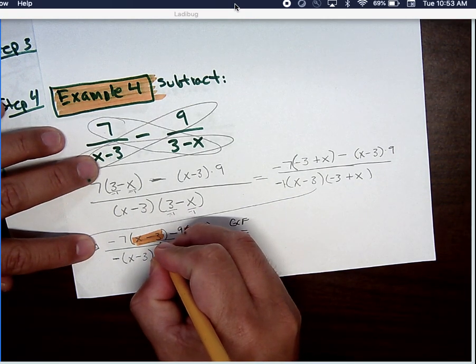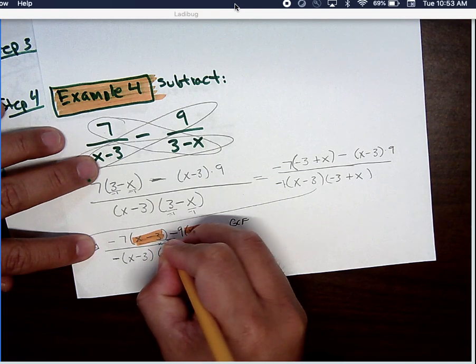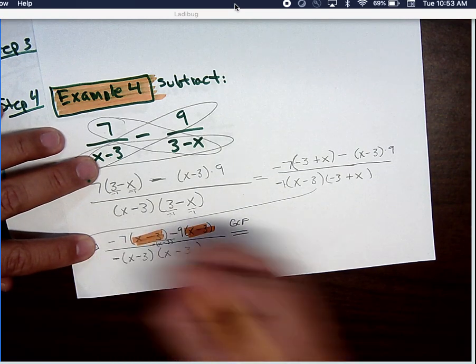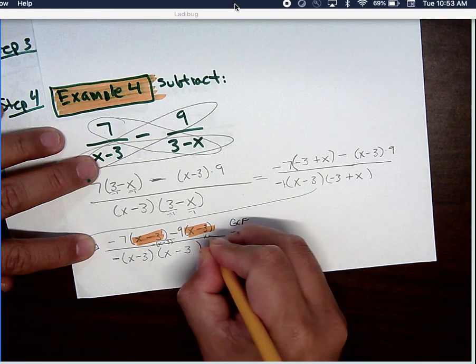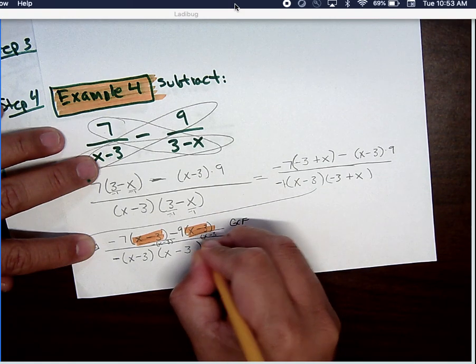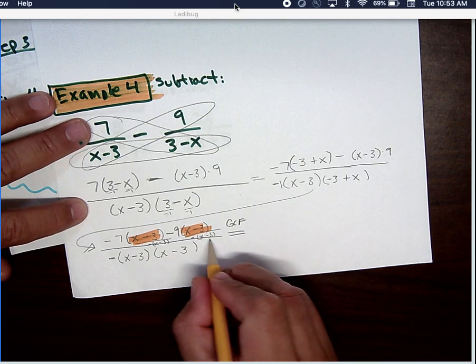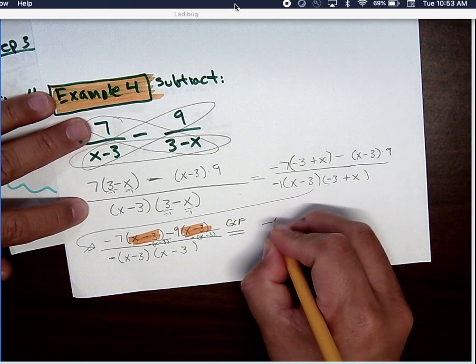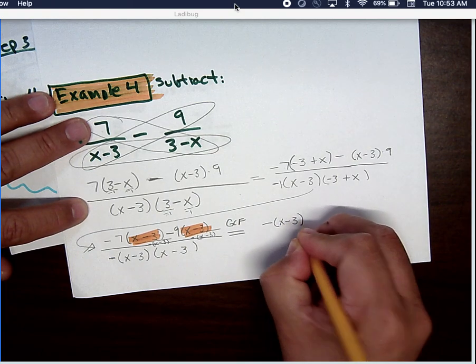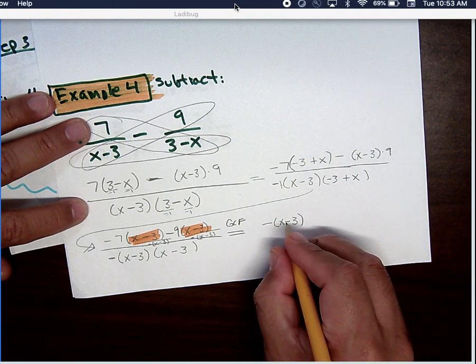So we're going to do x minus 3 parentheses, and I'm going to take out the negative again, and then x minus 3 parentheses and the negative. So that's the GCF, this one. I'm going to put it here so that you see it. Negative x minus 3. So this is the GCF.